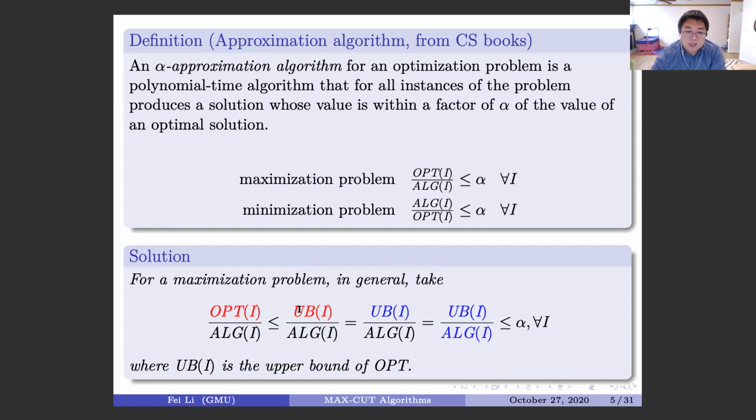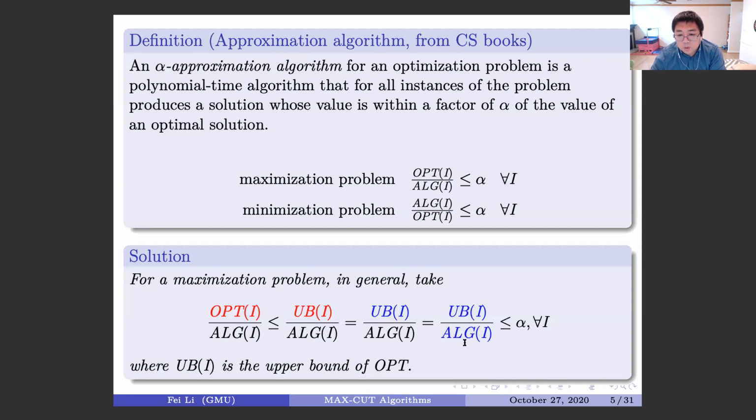The upper bound is the key component when we design approximation algorithms, since the upper bound of the optimal solution can act as a bridge to connect the optimal solution and the algorithm, so that we have an upper bound over the algorithm. The upper bound is related to the optimal solution, but it's also related to the algorithm as well.